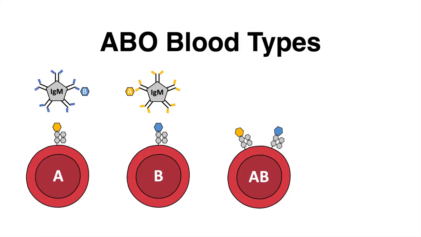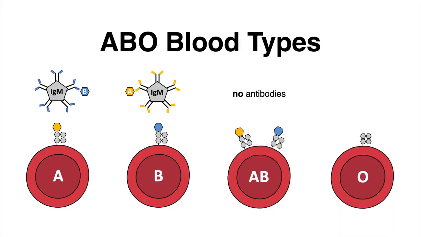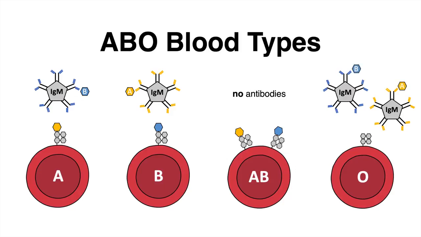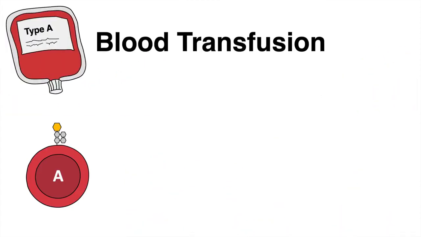Therefore, AB persons do not have any antibodies against those. Now to blood group O. Here we do not find glycolipids with A or B antigens. That means the system expresses antibodies against both A and B antigens. This concept is critical when considering a blood transfusion.